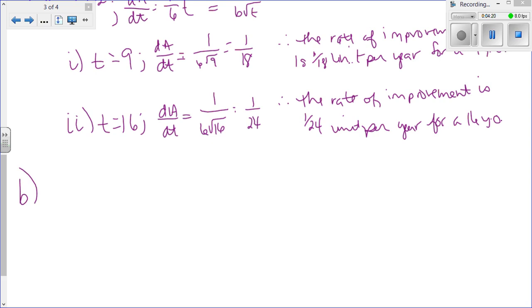Part B asks us to explain why dA/dt is greater than 0 between 5 and 18 and comment on the significance of this result. Well, as radical t is never negative, 1 over 6 times radical t cannot be negative.